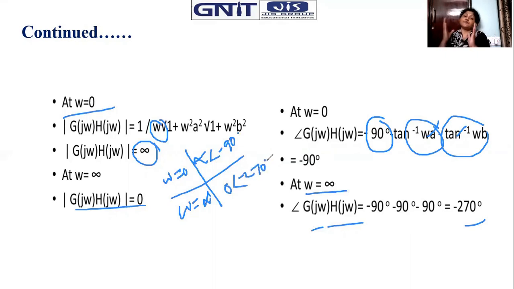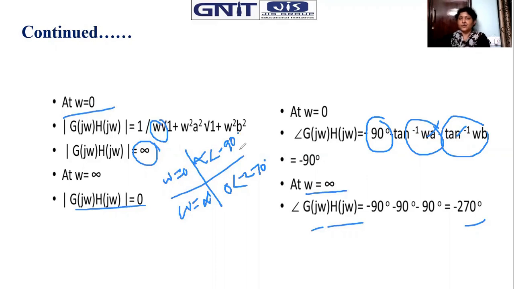So you have to imagine. What is the starting magnitude? Infinite, of a phasor with the angle minus 90. So the phasor having the magnitude infinite, what is the distance from the origin? That is infinite. So you have to show that. And as well as what is the angle? The starting angle is minus 90 degree.